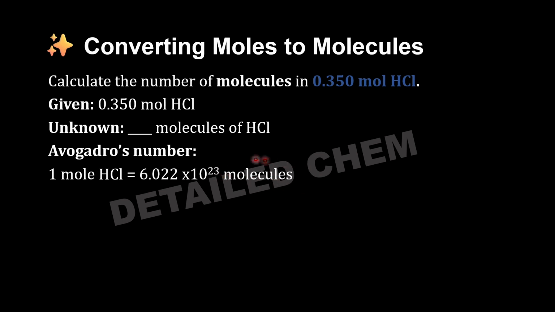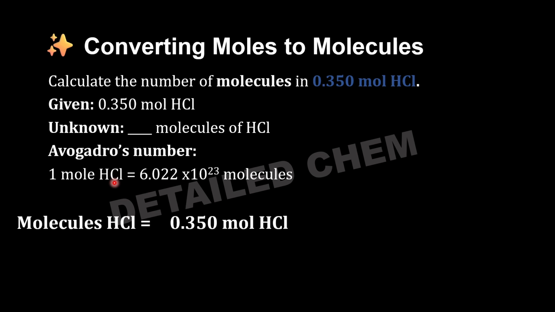Why do we use molecules? Because HCl is a molecule. It is represented by more than one element. So molecules of HCl is equal to 0.350 mole of HCl, given in the problem, multiplied by Avogadro's number.